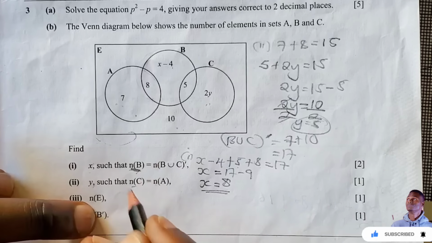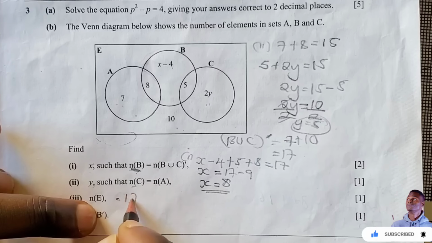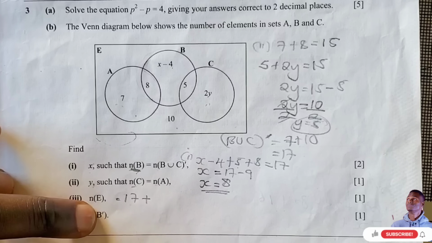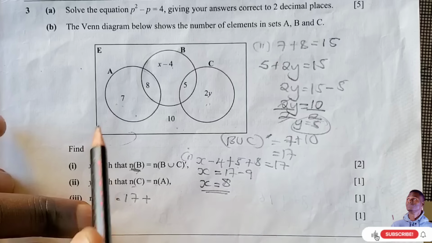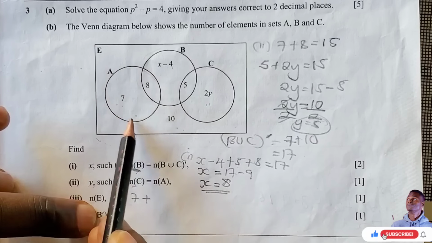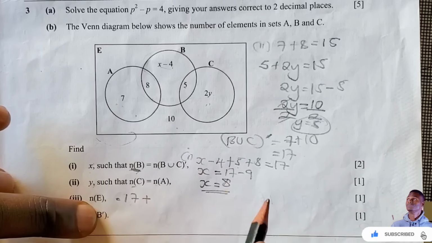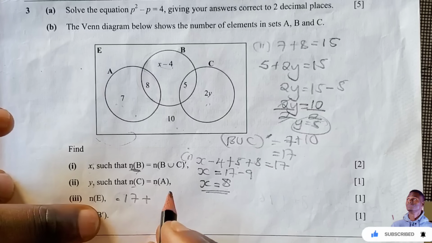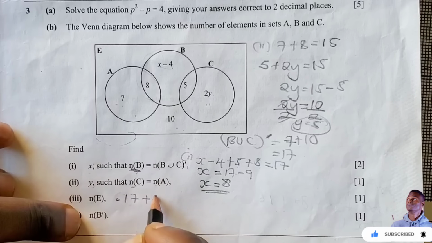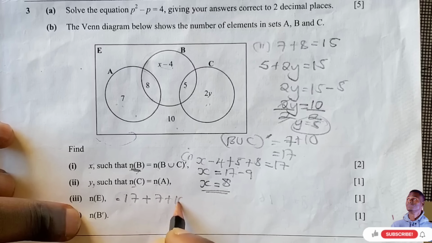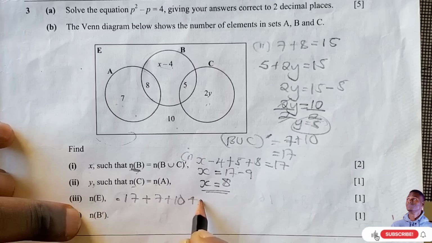You can also start with 15 plus this, plus this, plus this, and we're still going to find the same answer. So 17 plus 7 plus 10 plus 2y plus 2y.